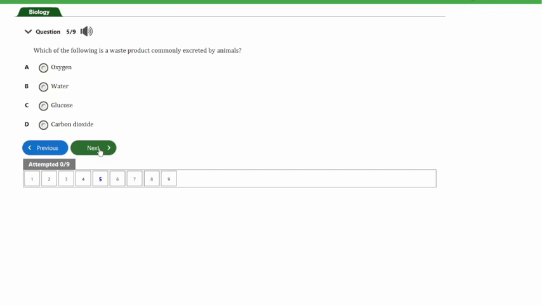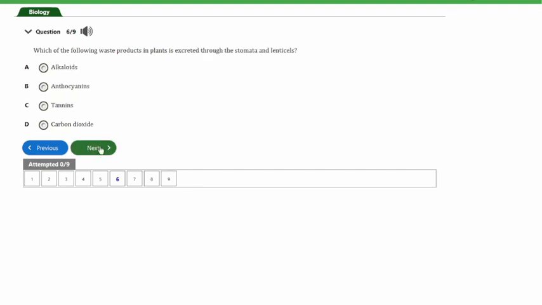So guys, the answer to this question is option D, and that's carbon dioxide. Carbon dioxide is a waste product excreted by animals. Oxygen is not a waste product of animals. Water and glucose are not waste products of animals. So remember, when we breathe in, we take in oxygen. When we breathe out, we release carbon dioxide.